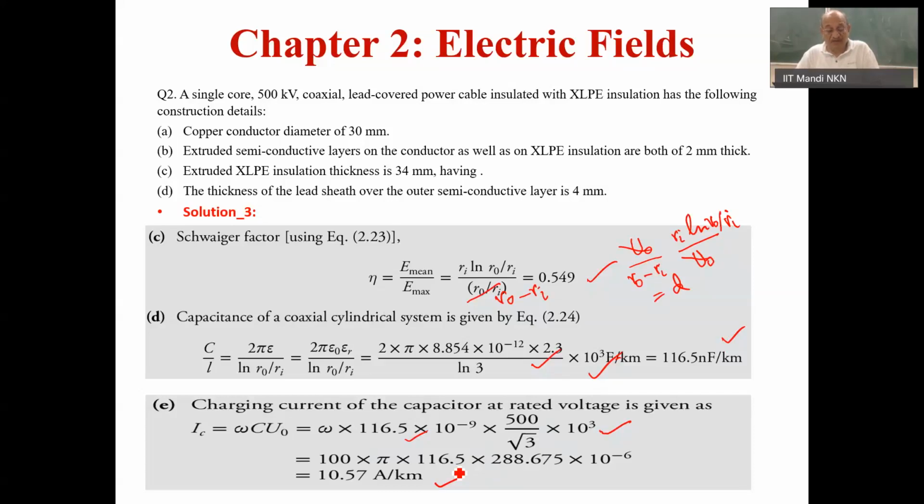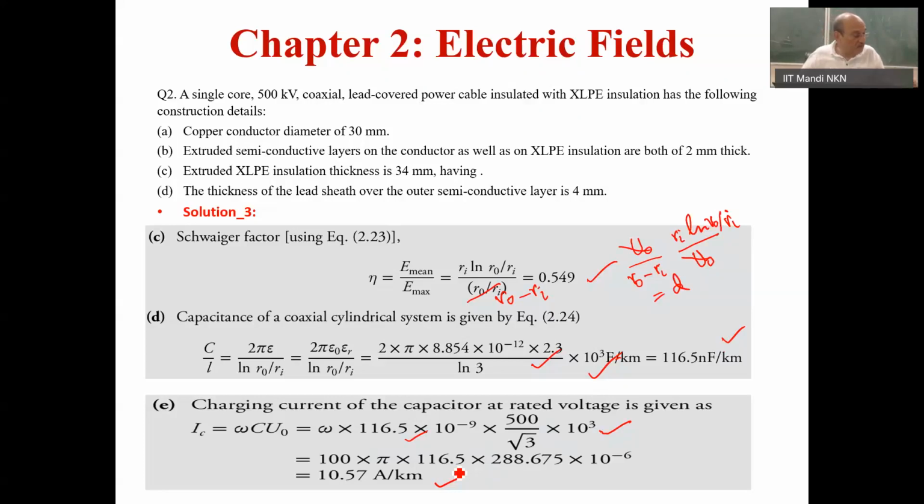So it'll be a totally capacitive reactive current flowing in the form of charging current, and that too fairly high, 10.57 amperes per kilometer. Fine. So I hope you could attempt. If you have made any mistake, now you can rectify and get the values.